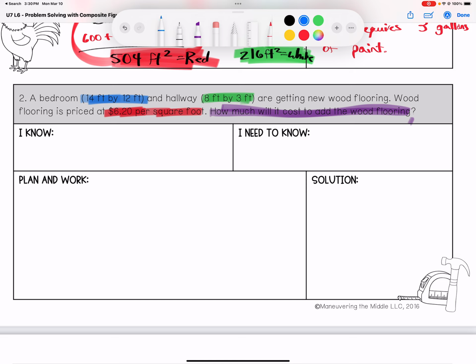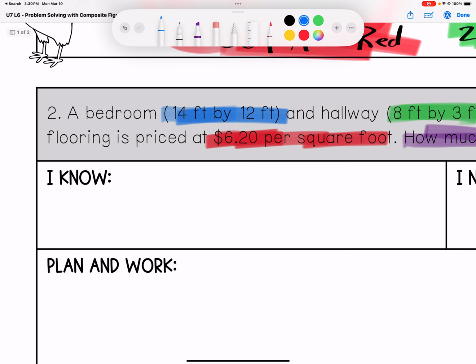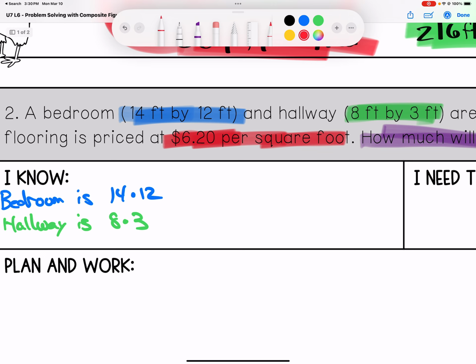All right. So what do I know? I know that the bedroom is 14 by 12. Hallway is 8 by 3. I know it is $620 per foot squared, so you can put FT squared.